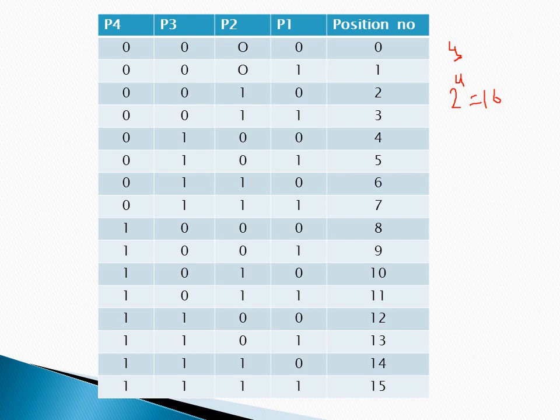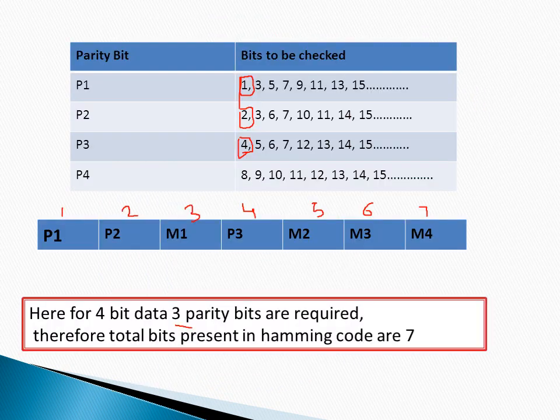Likewise, we can write the positions for P1. In the same way, we write the positions for P2 as 2, 3, 6 and 7. For P3, the first one is at the fourth position, then fifth, sixth and 7. Likewise, we write the position numbers for all these parity bits.